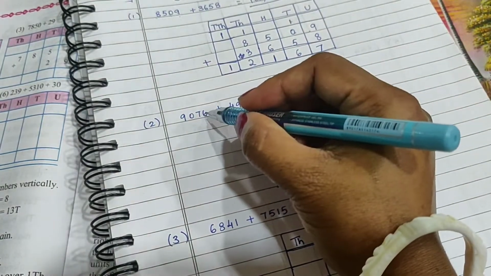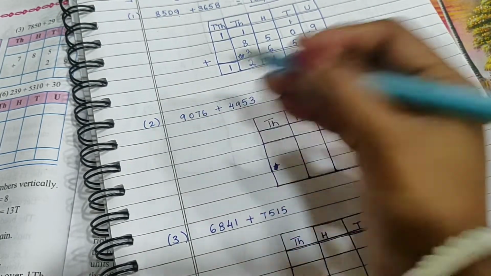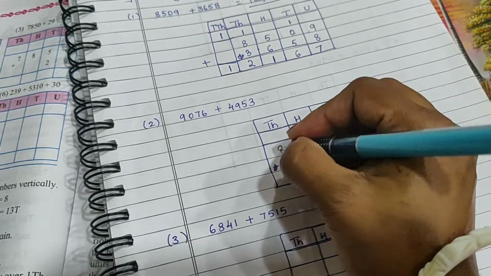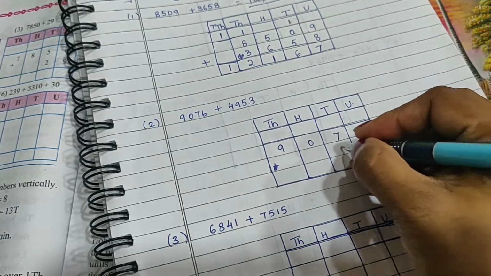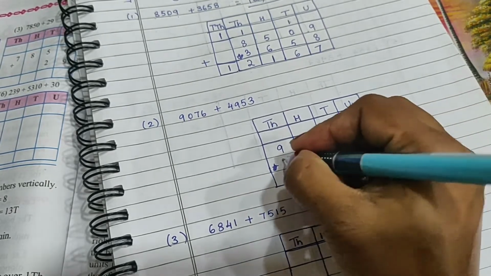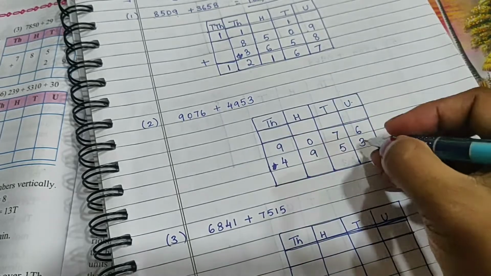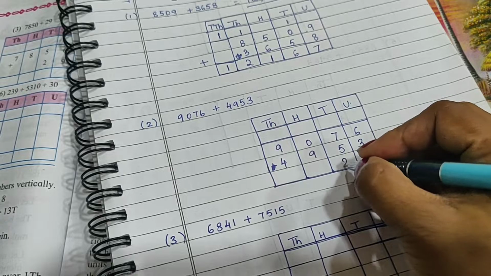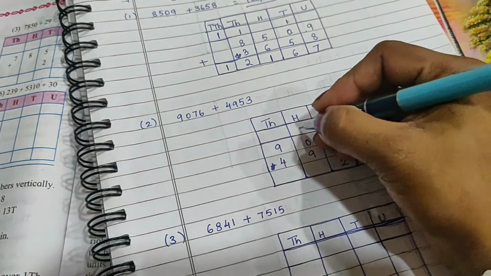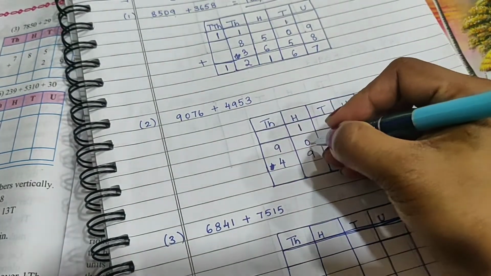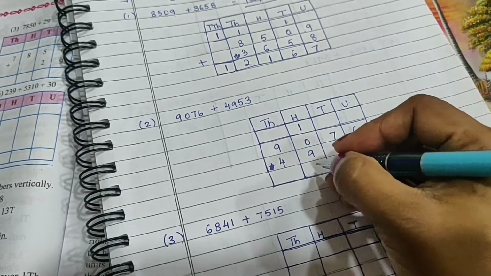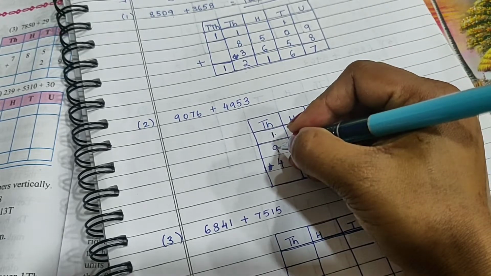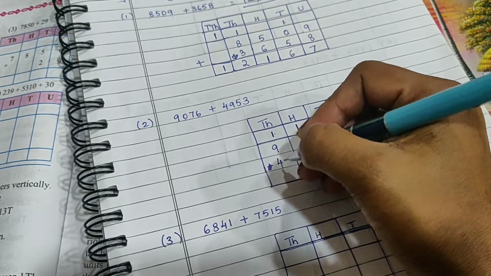Now again, units, tens, hundred, thousand. So let us always start from units place. So you will never make mistake. See, even this number will go more. 6 plus 3 is 9. 7 plus 5 is 12. So 1 you will carry here. 1 plus 0 is 1. 1 plus 9 is 10. 1 you will carry here. 1 plus 9 is 10. 10 plus 4 is 14.